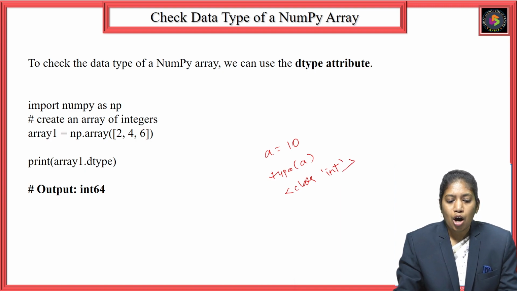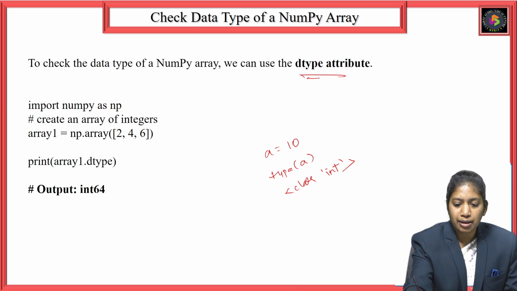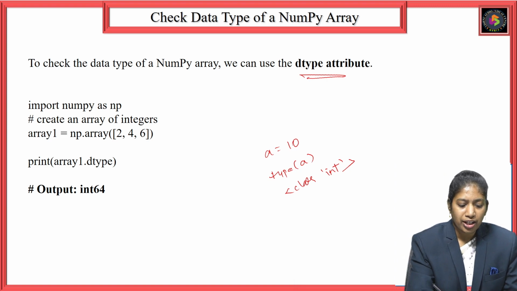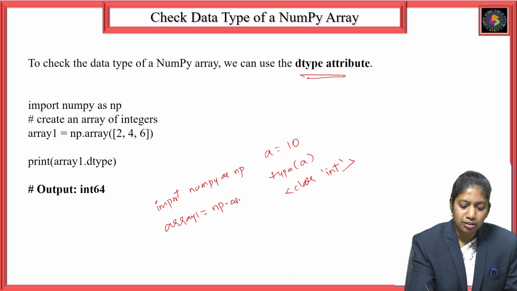Whereas here, how to check the data type of a NumPy array? Using the dtype attribute. With the help of the dtype attribute, we can check the type of a NumPy array. See here, first I have done import numpy as np. Next I have created an array, array1 is equal to np.array, inside I am passing a list.